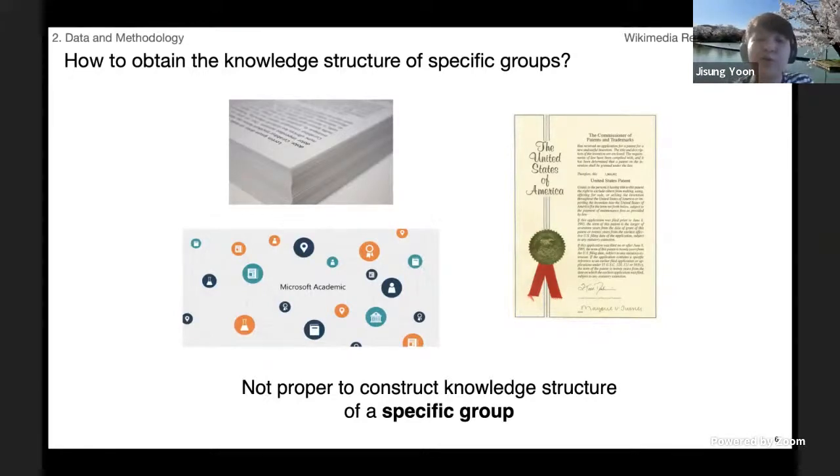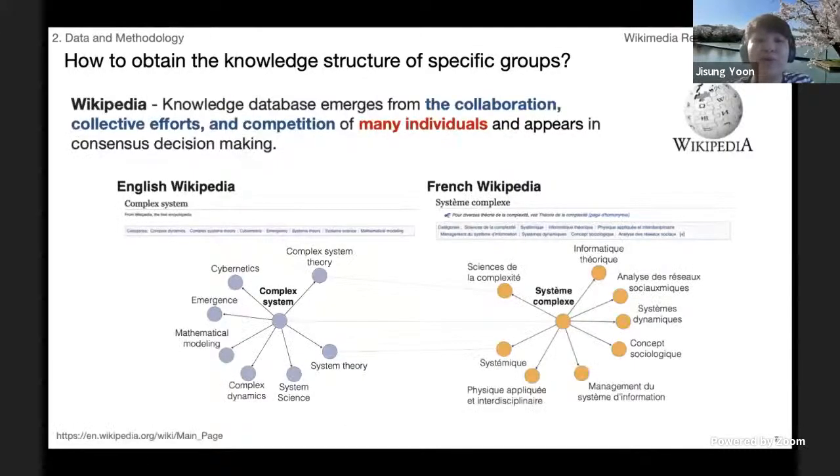For this purpose, we use the Wikipedia dataset. Wikipedia is a knowledge database that emerged from the collaboration of many individuals who use a specific language. So based on this concept, we construct the knowledge structure for each language usage group, and we compare two different language groups.